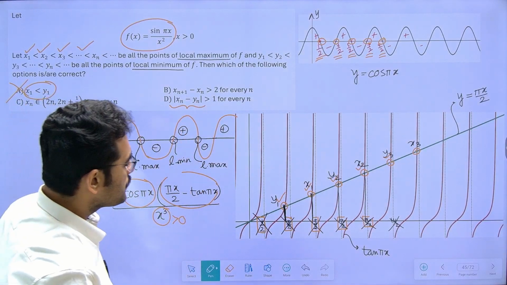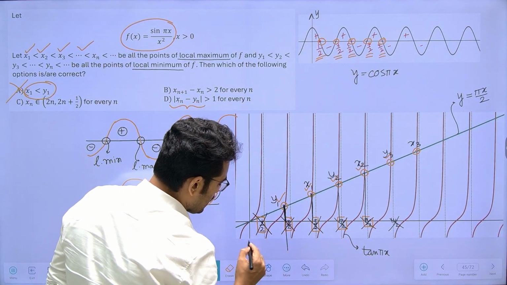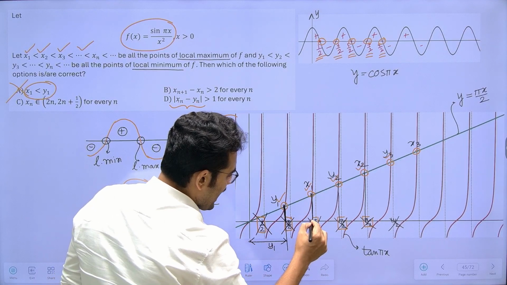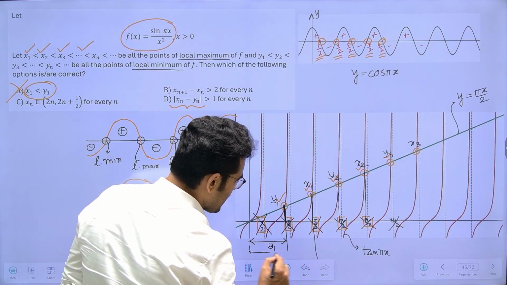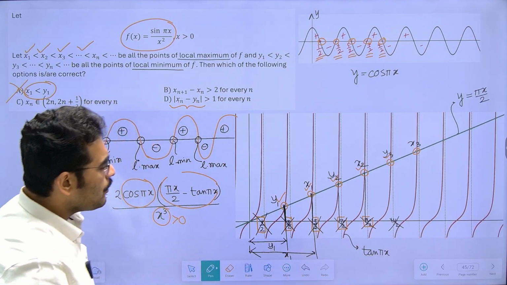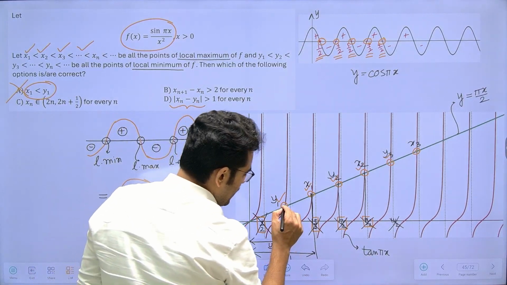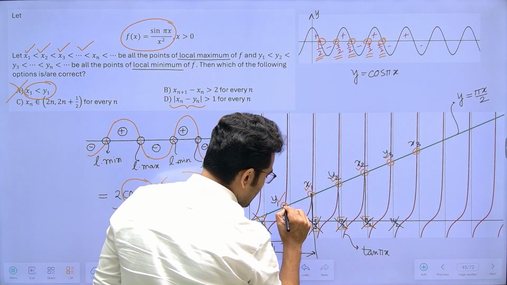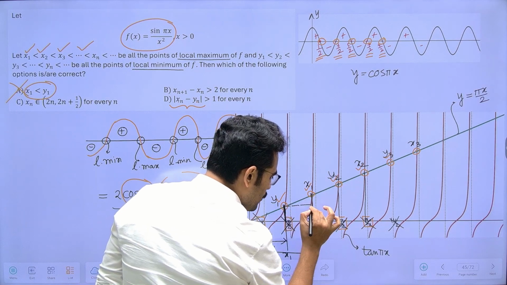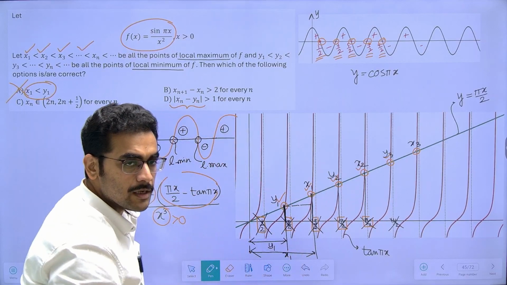Can we say that? You see that this distance is y1. That is the abscissa. And this distance is x1. Now a simple analysis if we do here: if you take this particular value and proceed horizontally with it, the same value will be achieved at a point which is before x1, right?